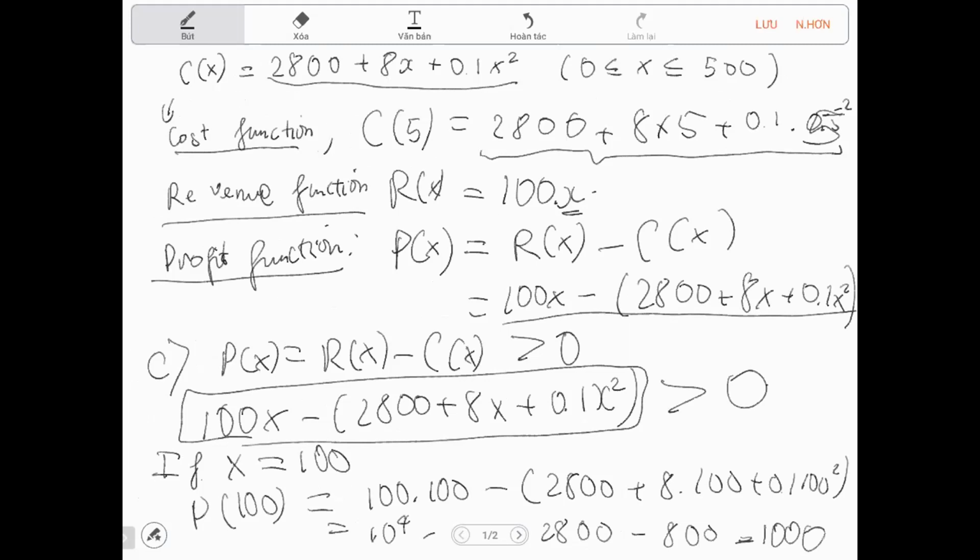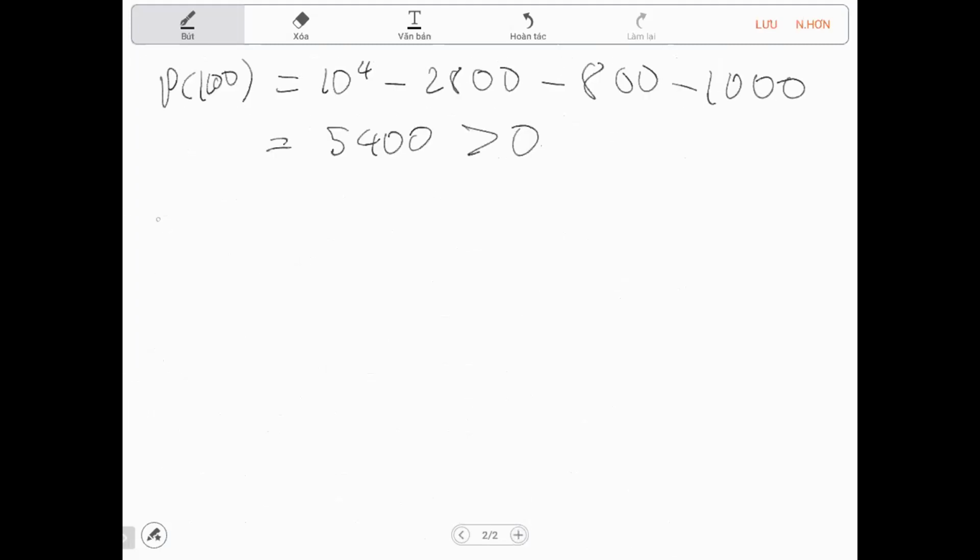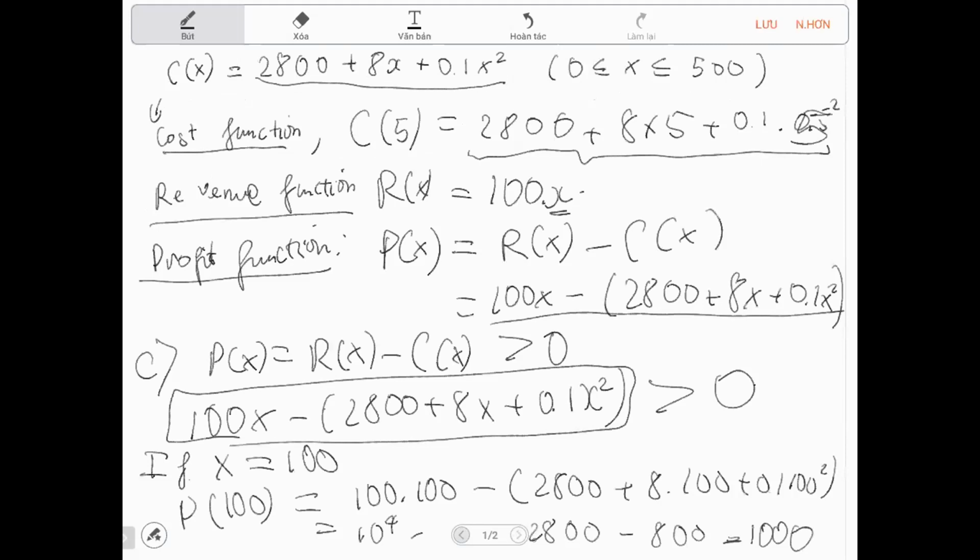Okay, let me explain. P(100) equals 100 times 100, and then minus this amount inside the parentheses.